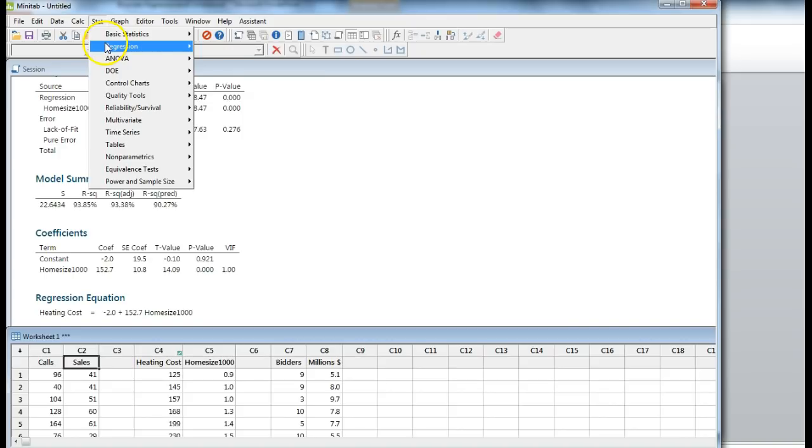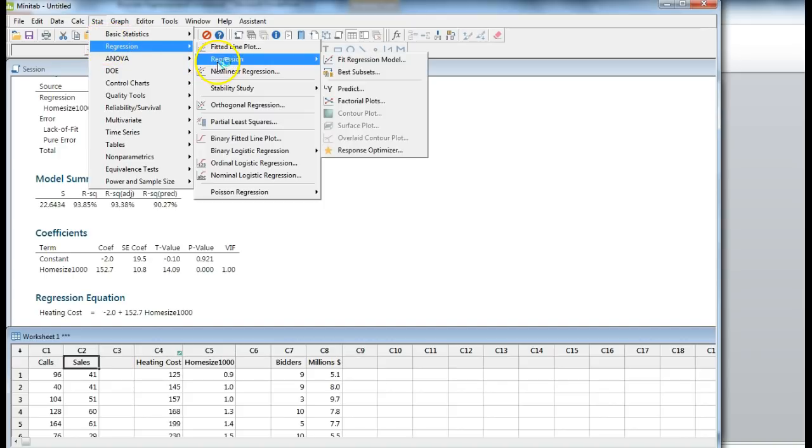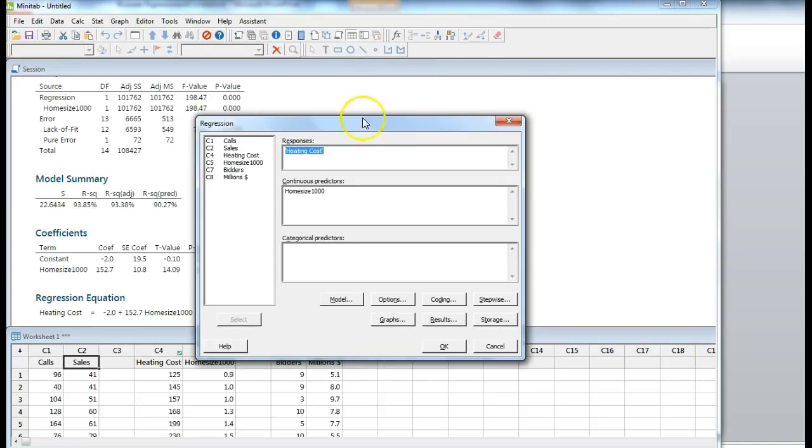Stat, Reg, Fit Regression Model. And my response, we think that if we make more sales calls, we're going to have more sales. So what's my response?